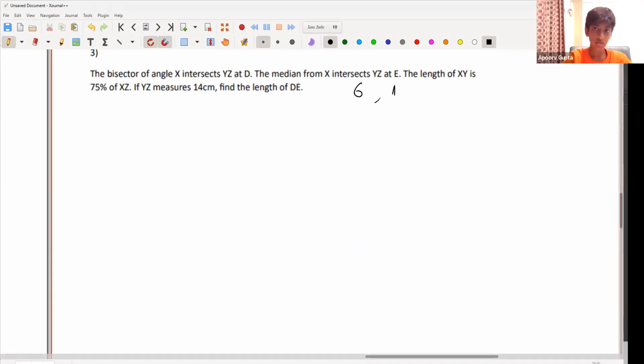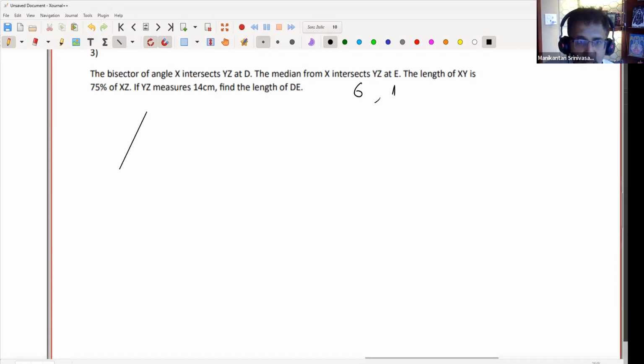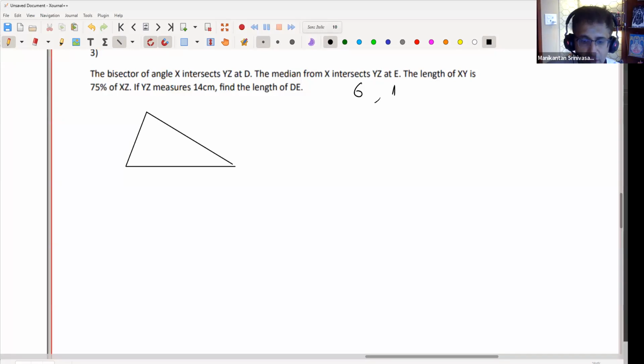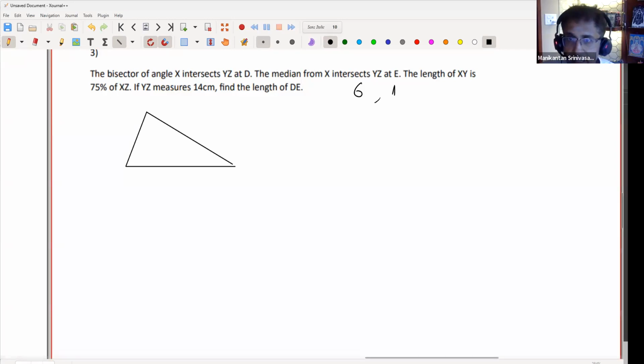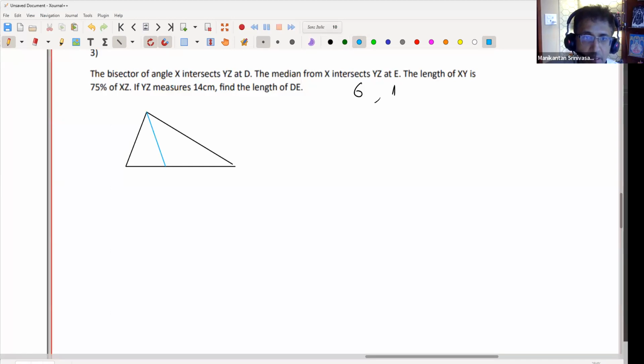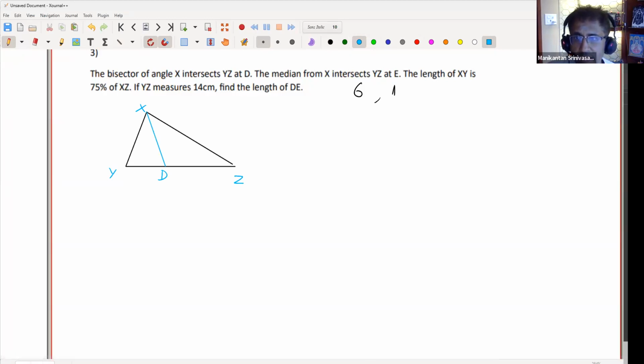Okay. So let's do this. So this is the bisector of angle X. This is angle X, and this is Y, and this is Z. It intersects this at D. So this is D. And then the median intersects at E. So let's say I have a median here.